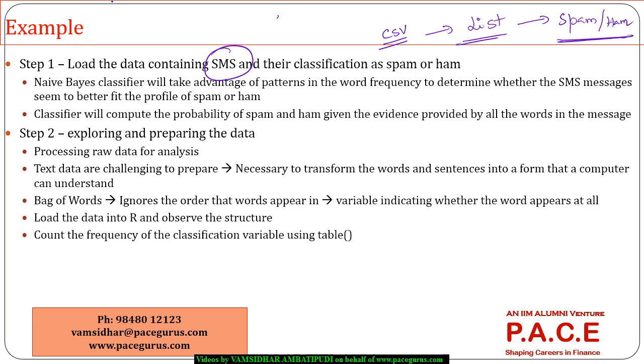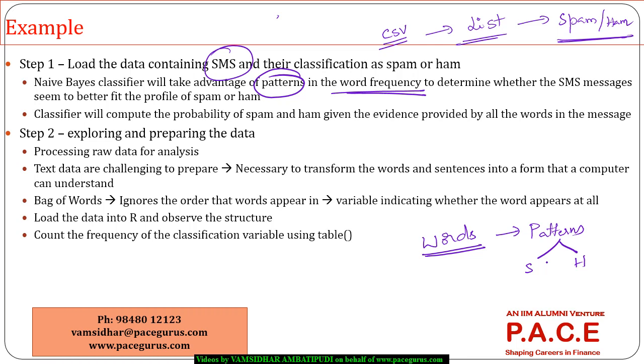So the naive Bayes classifier will take advantage of the patterns in the word frequency. It will look at different kinds of words that have occurred in the messages, and based on those words, it will look at the patterns of words. So what proportion of messages containing a particular word are treated as spam, and what proportion are treated as ham.